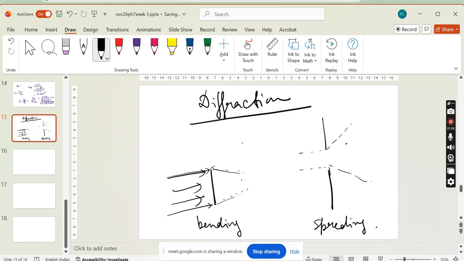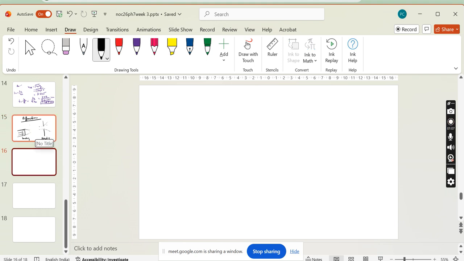If the size of the aperture or obstacle far exceeds the wavelength of the light, then its passage will be unhindered by the obstacle's presence. Diffraction has not been discussed that elaborately, so let me discuss a few things.